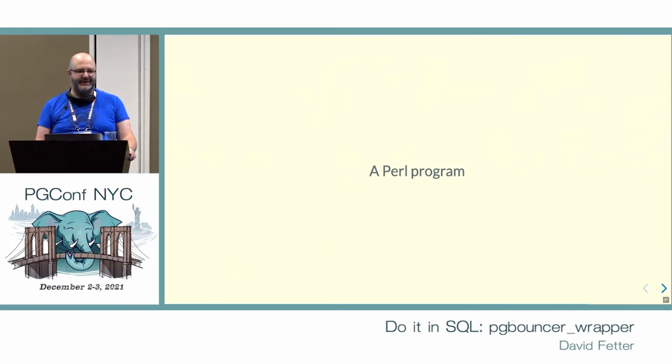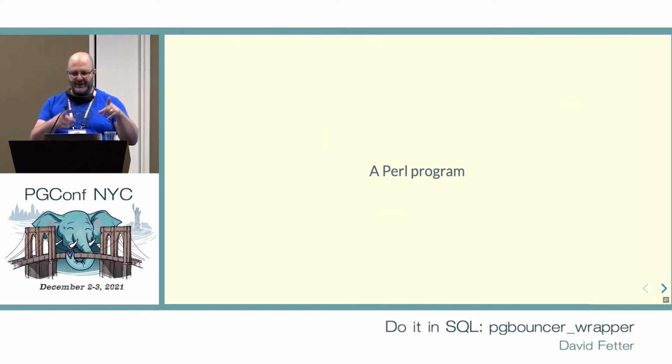This is a little bit embarrassing. There's a Perl program that I use. It's not part of the system as it operates, but it's a way to sort of stare into the eyes of pgbouncer and figure out what things it's presenting, so that I can update the views to the latest one.